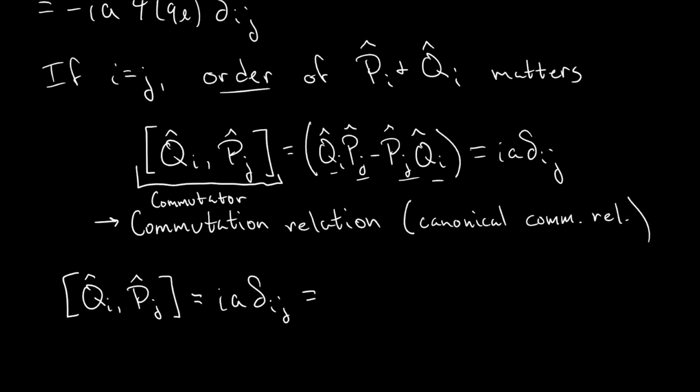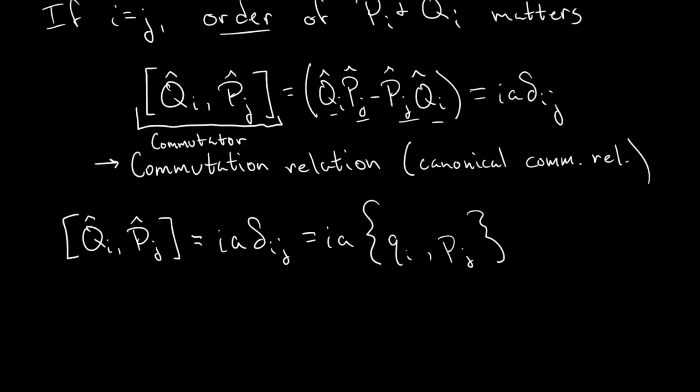This is exactly the same as iħ times this Poisson bracket between our classical position and momenta. And actually, the reason why this is called the canonical commutation relation is because this Poisson bracket is unchanged under canonical transformations.